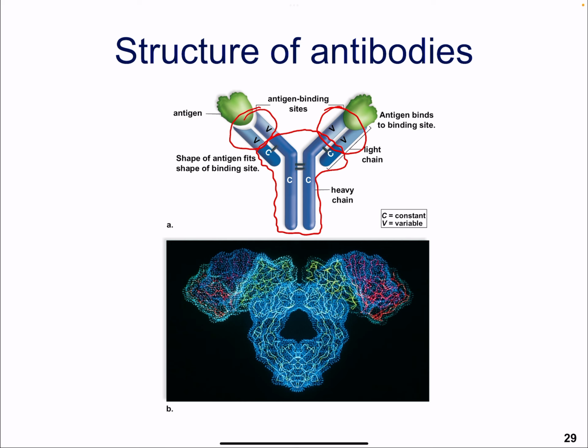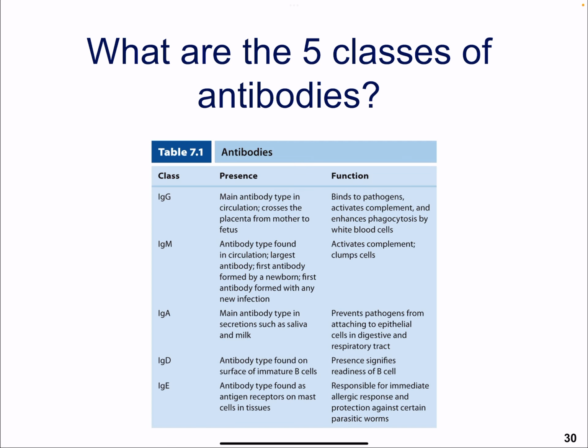Notice also that an antibody is made up of 4 chains of proteins. We're going to have 2 heavy chains. So this is one heavy chain, like this. That's one heavy chain. And another heavy chain here. And then we're going to have 2 light chains, 1 and 2 light chains. Okay?